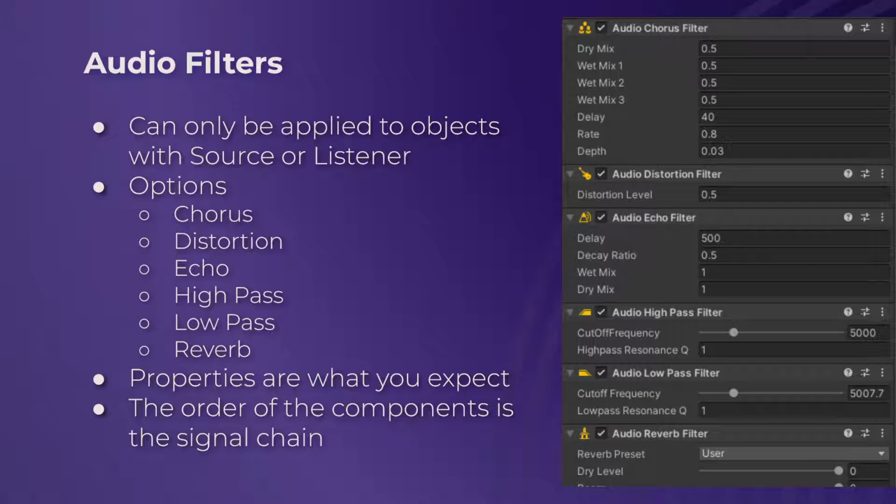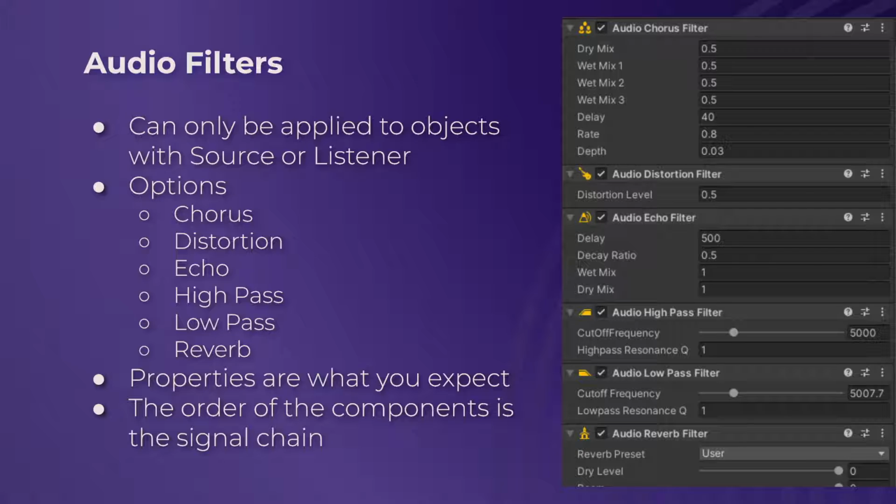And last but not least here, before we hop into Unity and show off some of those things that I've been talking about, there are audio filters, which can be applied to objects with a source or a listener, so not reverb zone objects, which is a little sad, but this covers pretty much everything. So there's a bunch of options. There's a chorus, distortion, there's an echo, high pass, low pass, and a reverb.